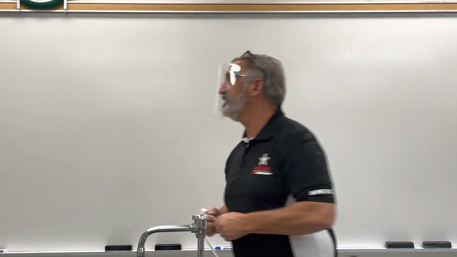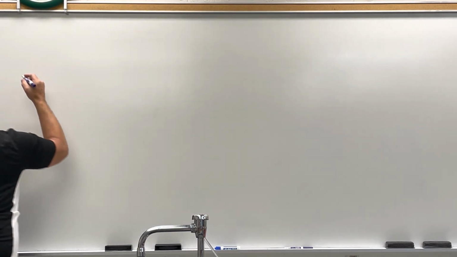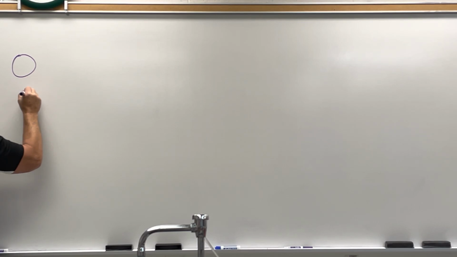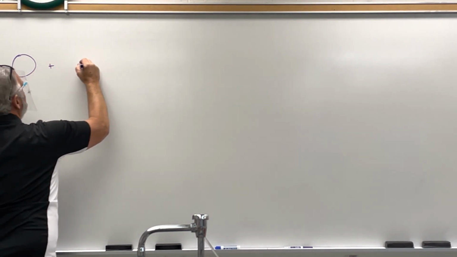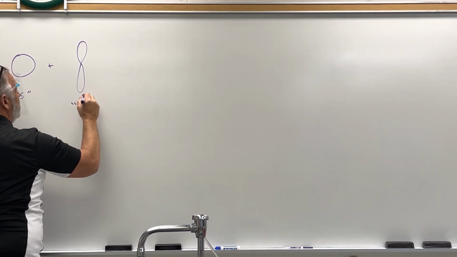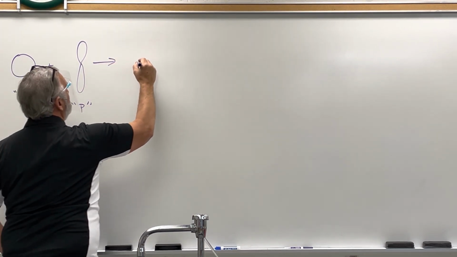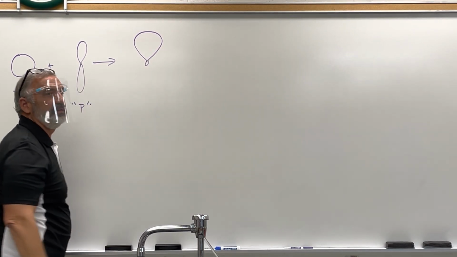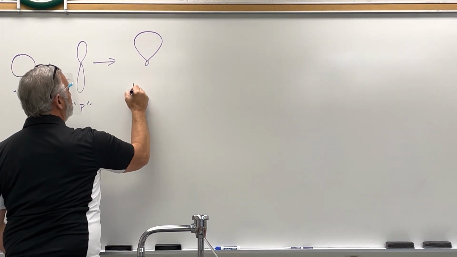So all hybridization is, if we take an s orbital, which is spherical, and combine it with a p orbital, the hybrid orbital is going to be a fat lobe and then just a little bit there. This is your hybrid orbital.